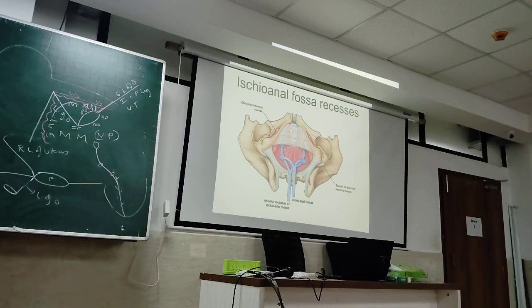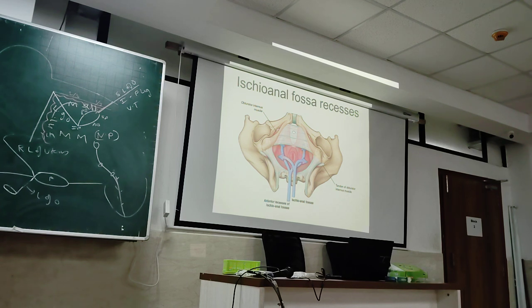Ischioanal fossa shows recesses. There is an anterior recess which you can see by the arrow, going deeper to the perineal membrane. And there are lateral recesses which go under the sacrotuberous ligament. And there is a posterior horseshoe recess which connects the two ischioanal fats with each other behind the anal canal.